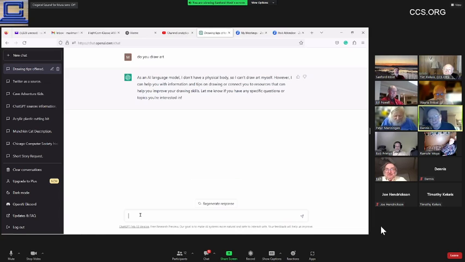Can it write mathematical formulas? Yes, that I think it can do. It probably would work. Ask it what's the formula for the area of a circle.